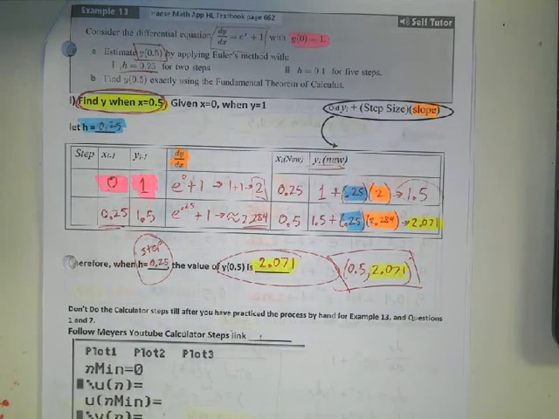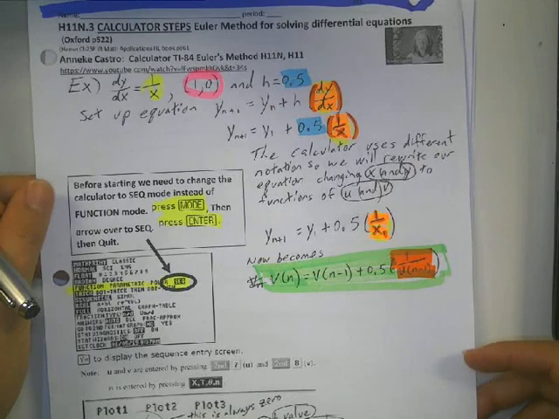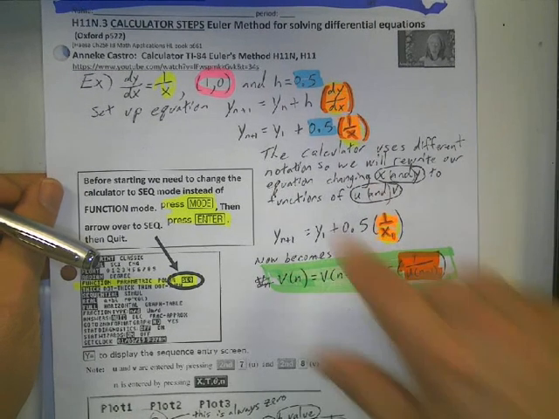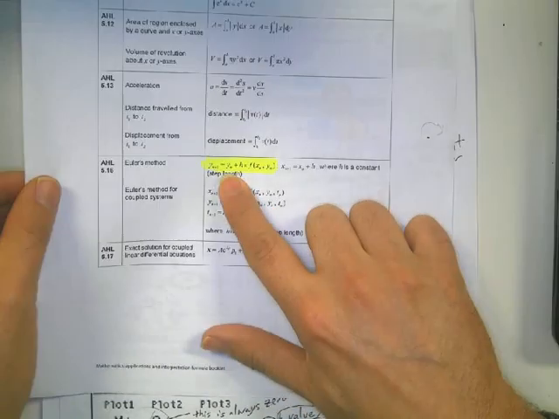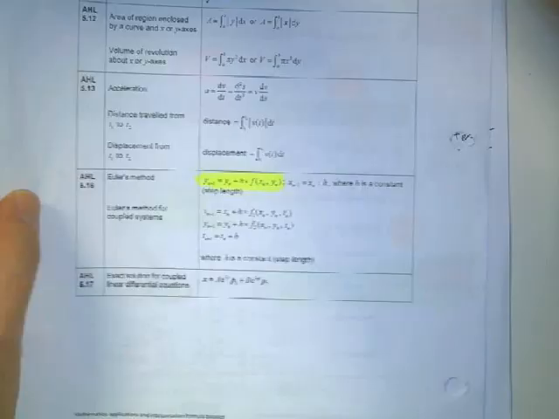Now, before you listen to my video, you must look at Miss Castro's video and take her notes that she did here. So, as we learned from our IB formula packet, the Euler formula, let me just zoom in.